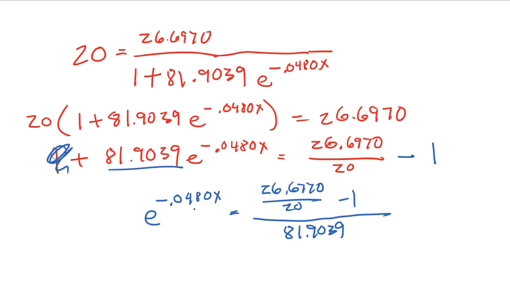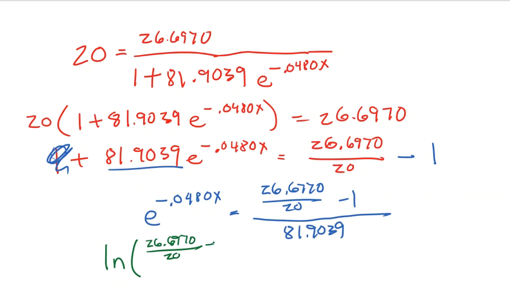Now that I've isolated the exponential part, I have to use my log, right? Logs equal the exponents. This is where it's going to get really ugly, but it's going to be the natural log, because that's a log base e, of, okay, and again, don't get confused. This is ugly, I know that, but it is just a number.